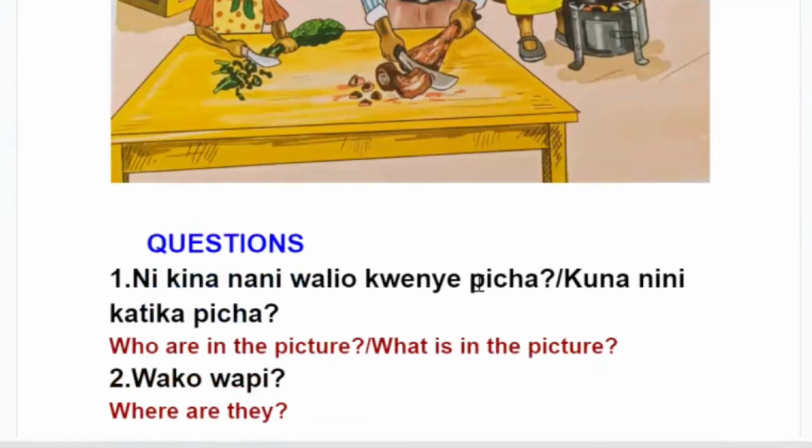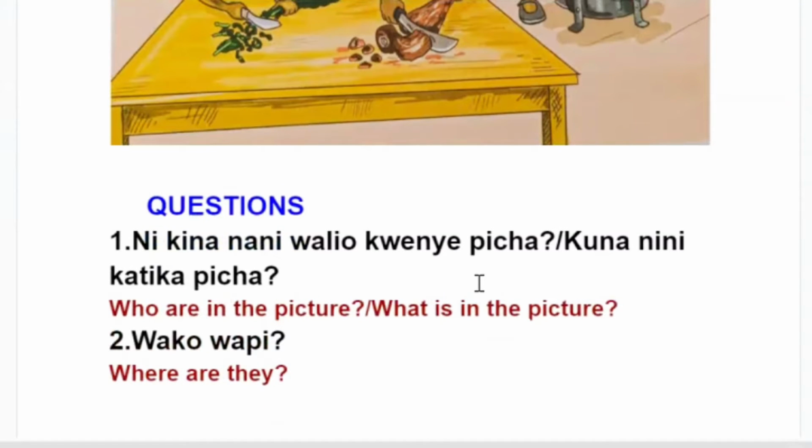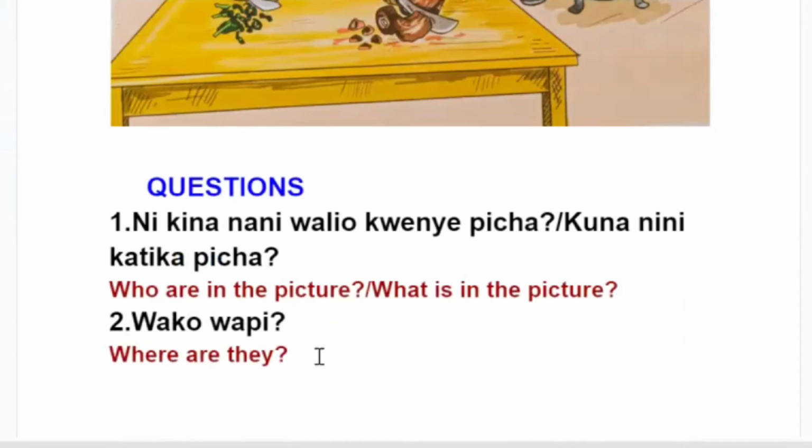The first question, ni kina nani walio kwenye picha? Who are in the picture? Or, kuna nini katika picha? What is in the picture? Swali la pili, second question, wako wapi? Where are they? Because there are several people, I'm using wako wapi.